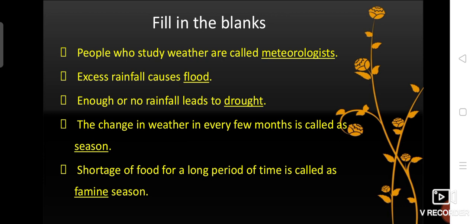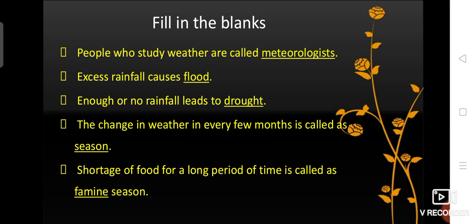Fill in the blanks. People who study weather are called meteorologists. During news, I don't know how many of you have seen news channels, at the end of the news, they will say the climate, weather report, isn't it? Every day they measure the temperature for particular areas.